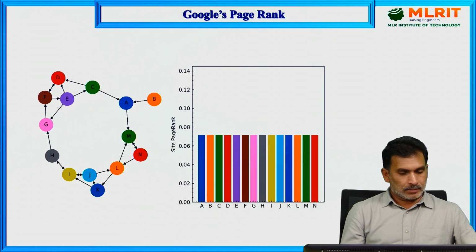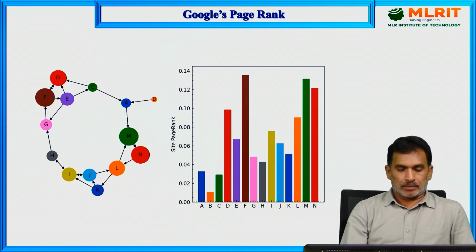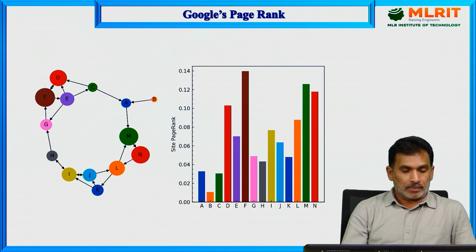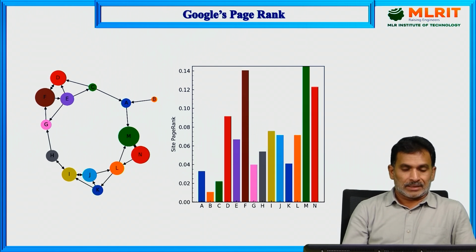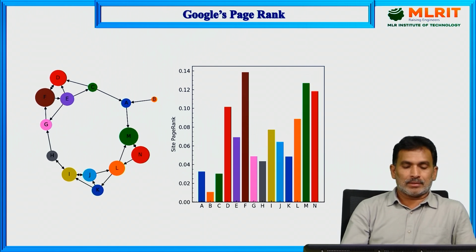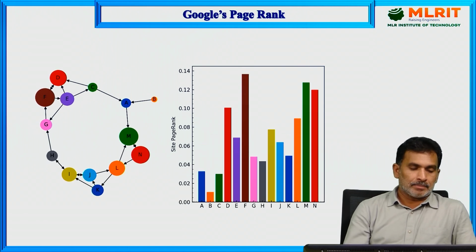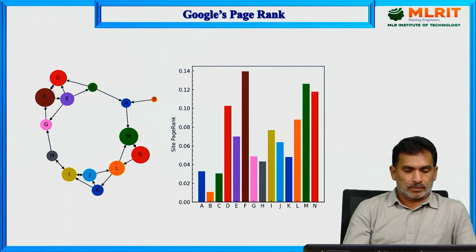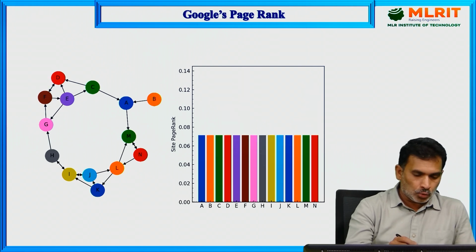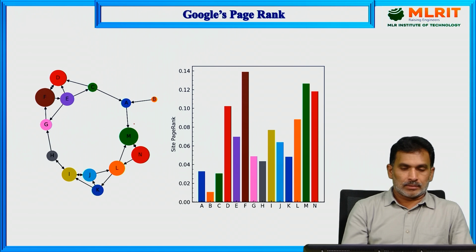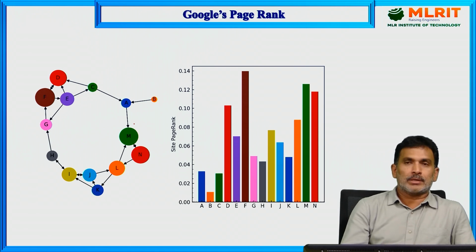Let us see this animation prepared by Wikipedia to explain page rank. Here you can see the importance of a page: the larger the node size, the more important or the higher the quality of that particular web page.